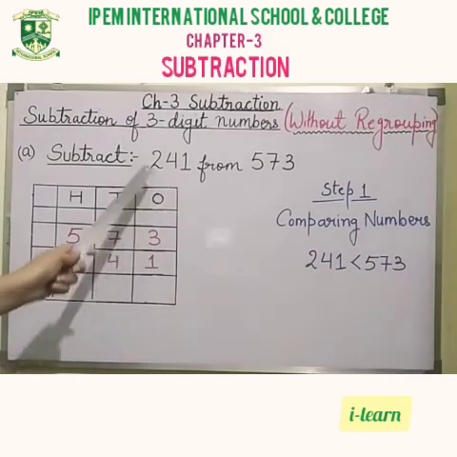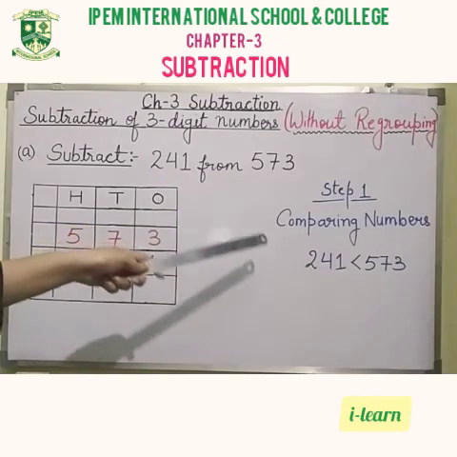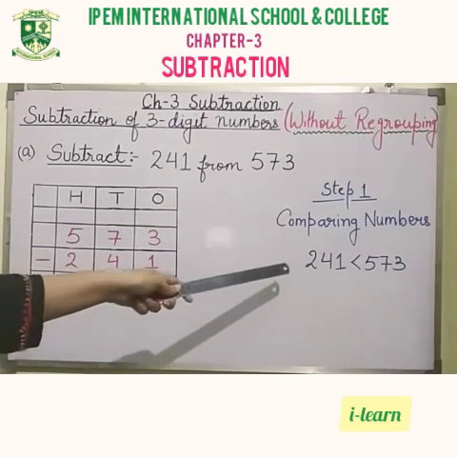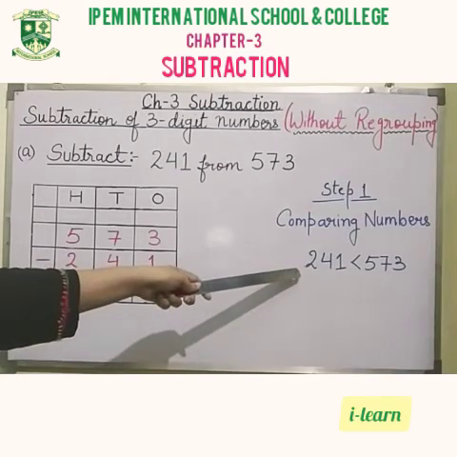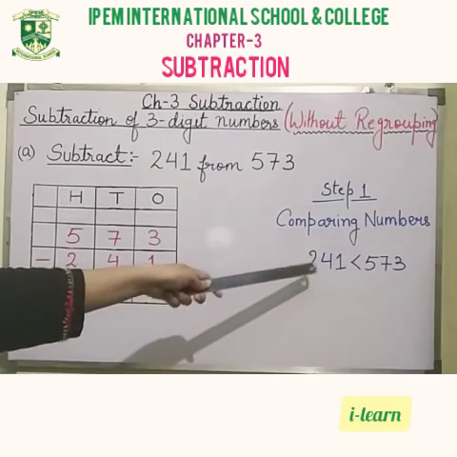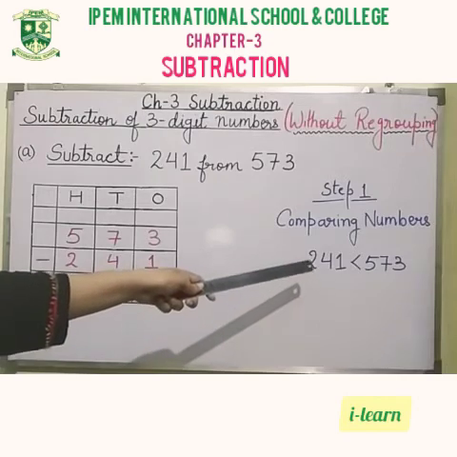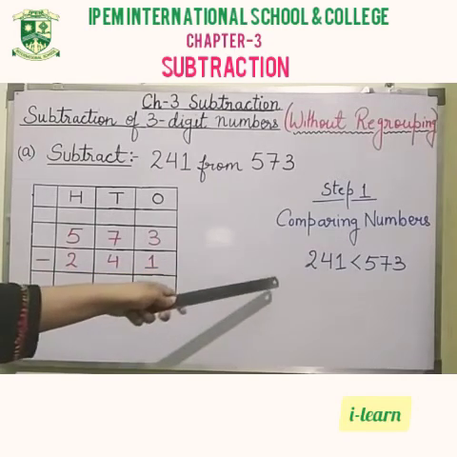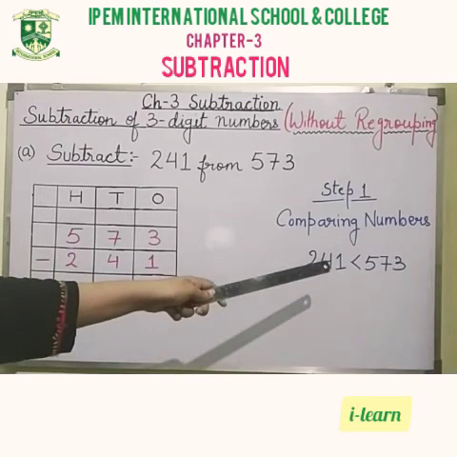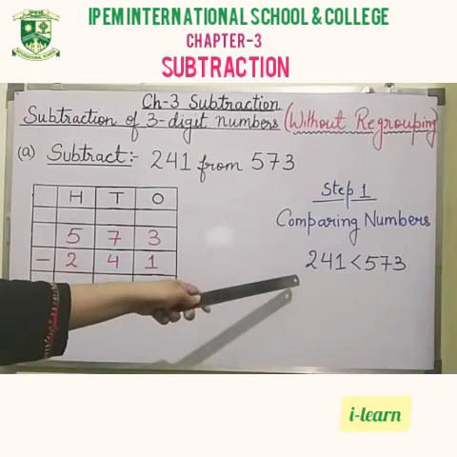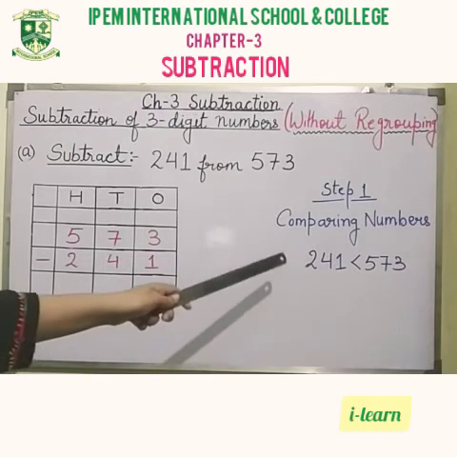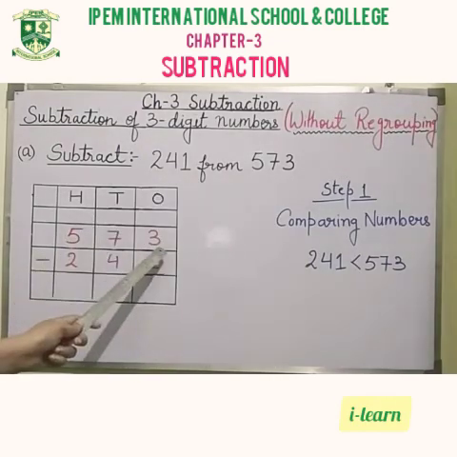First, we will compare these two numbers. After comparing, we can see that at hundreds place, in the first number, 2 is there. And in the second number, at hundreds place, 5 is there. So as you know, 5 is greater than 2, then whole 573 number is greater than 241. While doing subtraction, we always write the bigger number first.